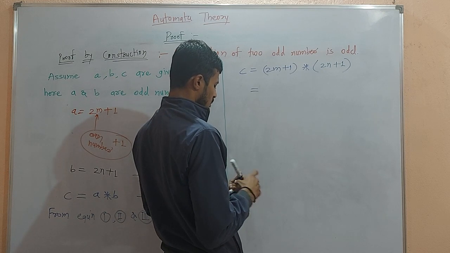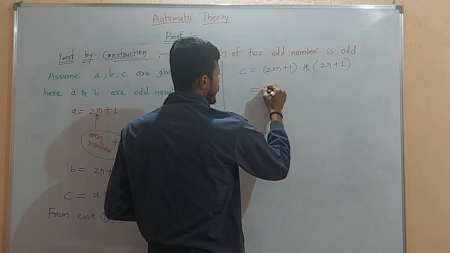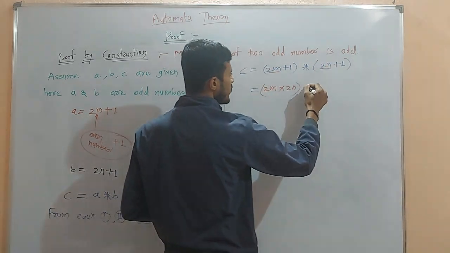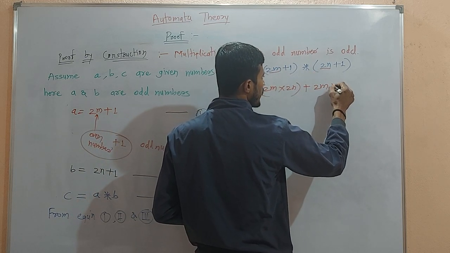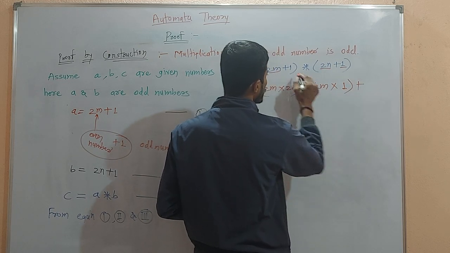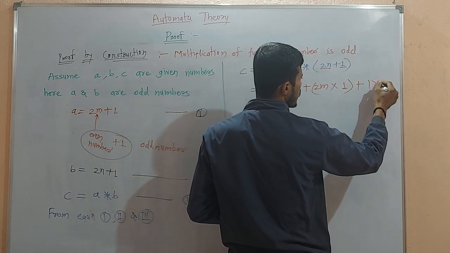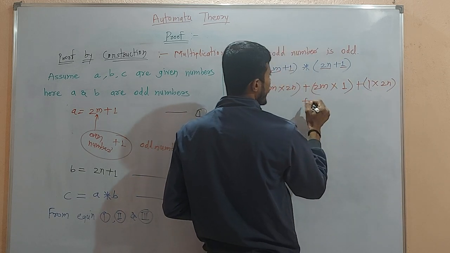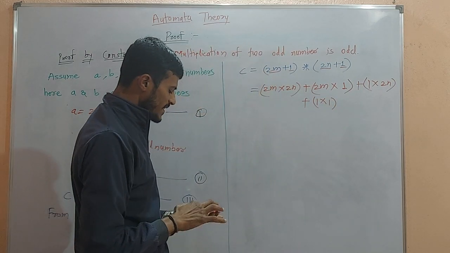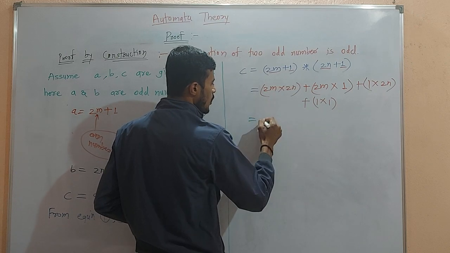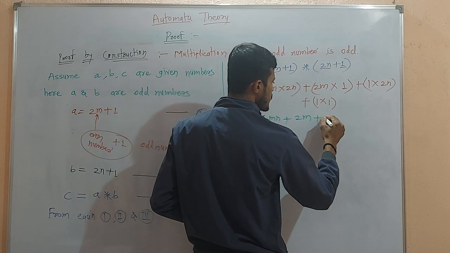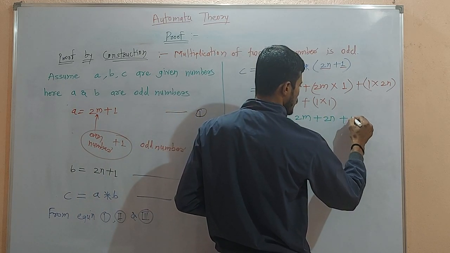In this case, 2m into 2n, this one and this one, then plus 2m into 1, then the next term 1 into 2n, and finally 1 into 1. So if you go for the simplification, you will get 4mn plus 2m plus 2n plus 1.